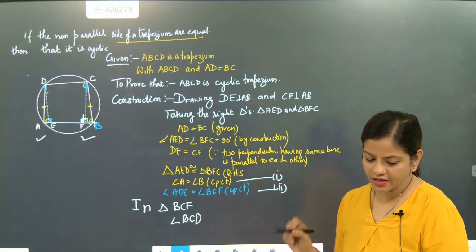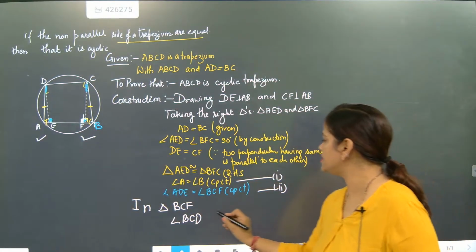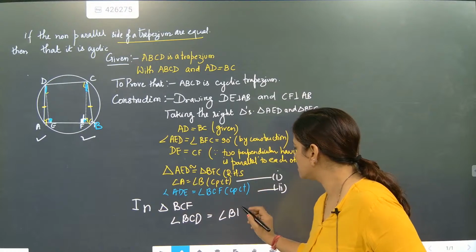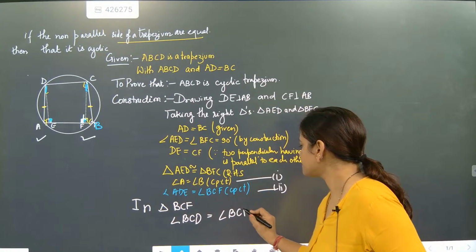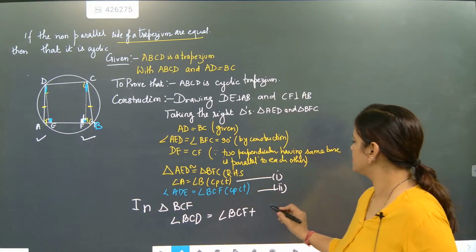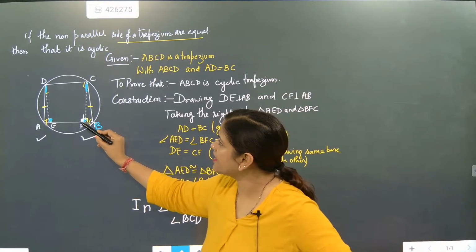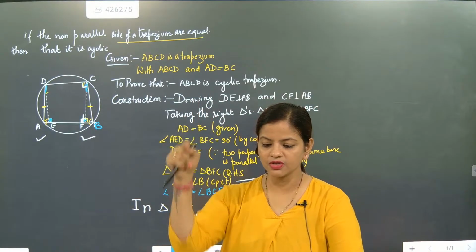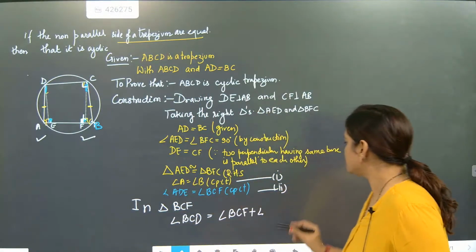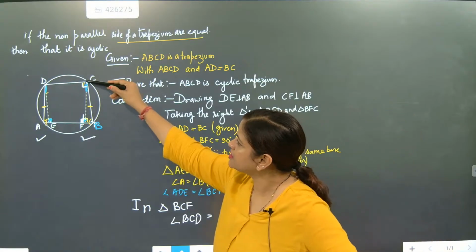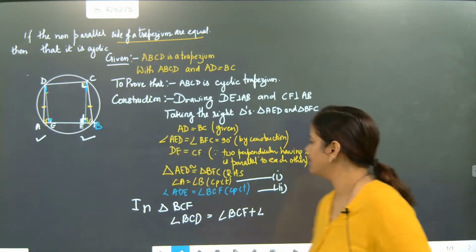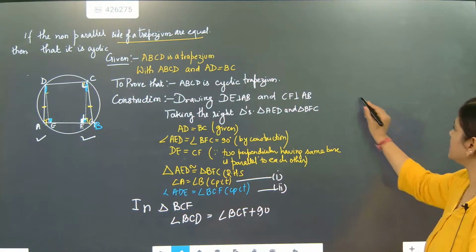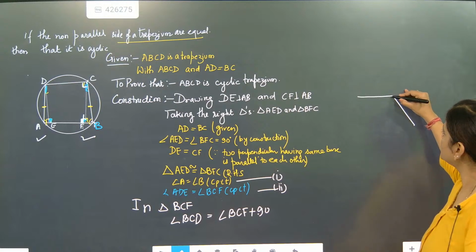So can I write angle BCD as angle BCF plus angle, but if this is 90, then this one also will become 90, because it is standing straight; this part is 90, downside also 90. So angle BCD is angle BCF plus 90 degree.